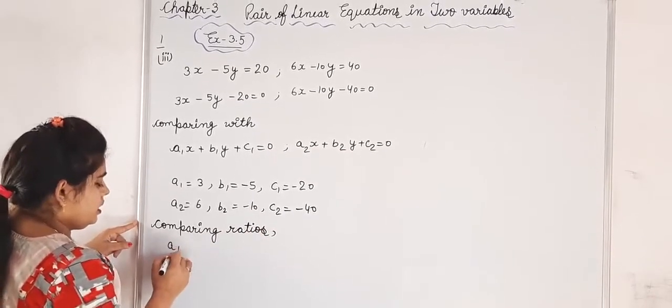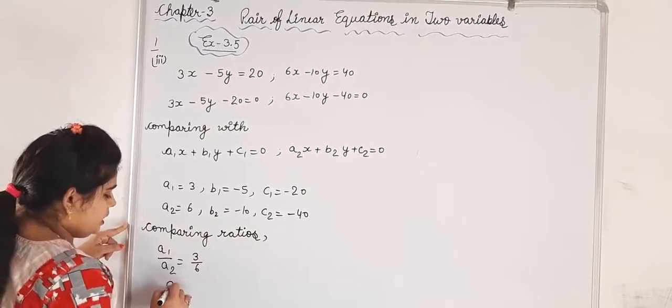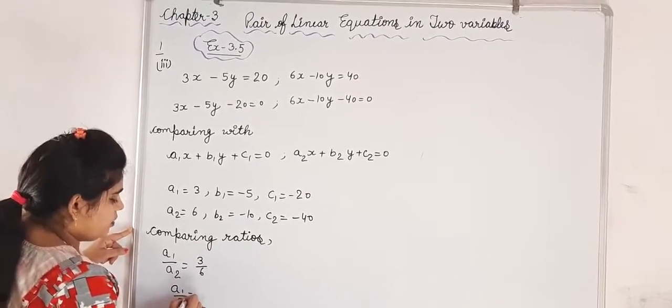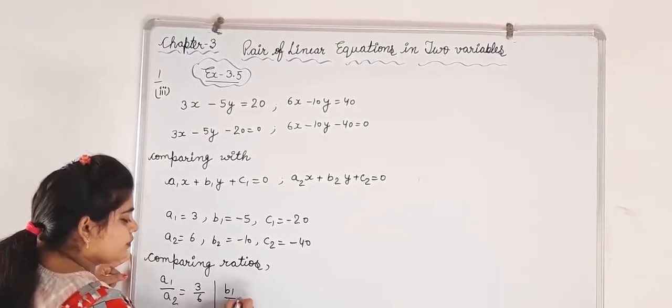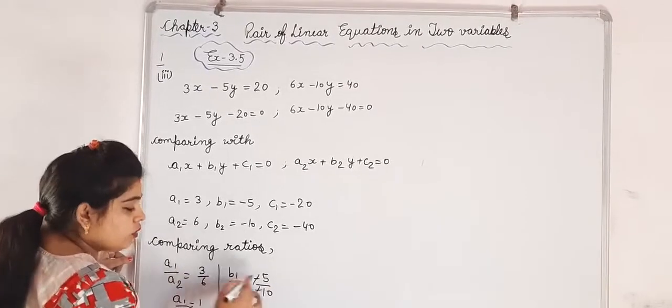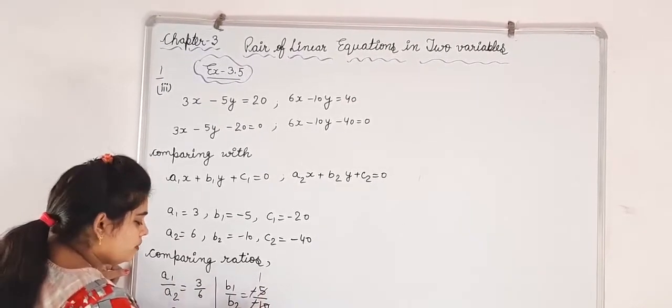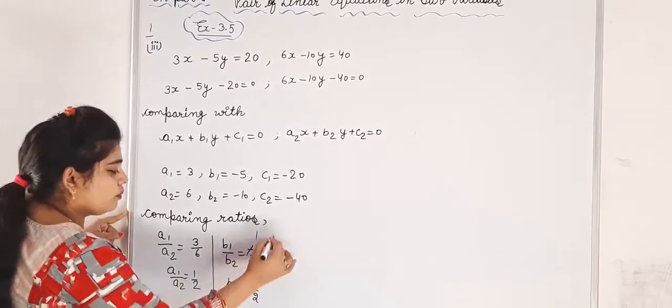Now comparing ratios, a1 by a2 is equal to 3 by 6, means a1 by a2 is equal to 1 by 2. Now b1 by b2, minus 5 by minus 10, minus cancels out, 5 ones are 5, 5 twos are 10, means b1 by b2 is equal to 1 by 2.